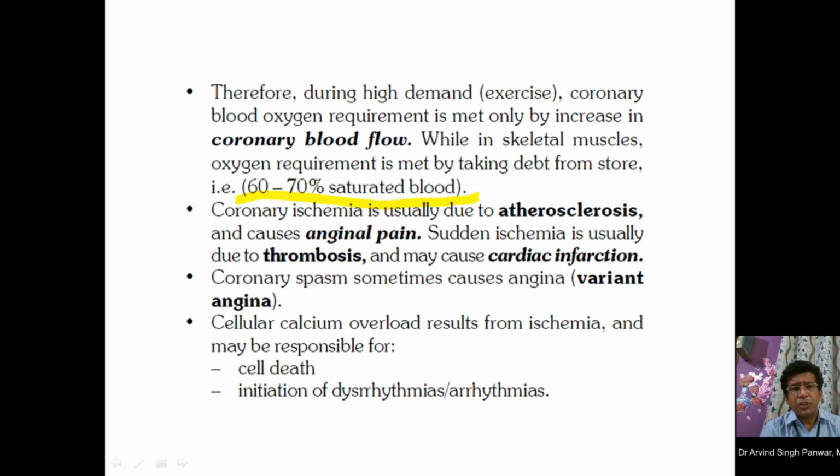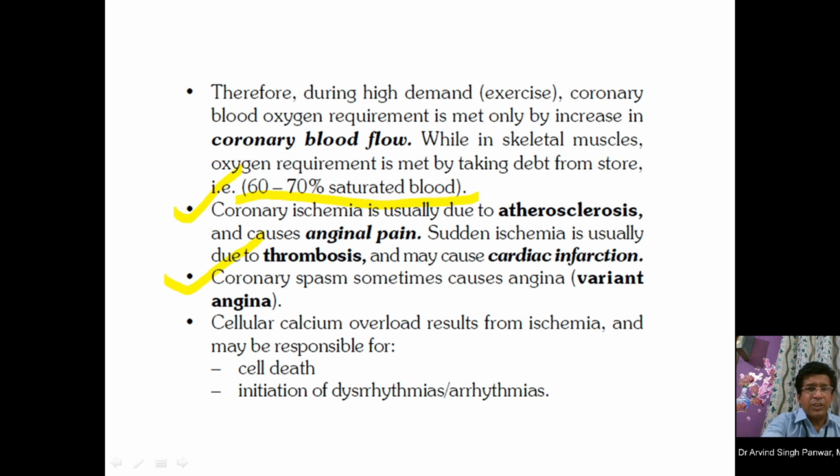Now, coronary ischemia is due to atherosclerosis and causes anginal pain. Sudden ischemia is usually due to thrombosis and may cause cardiac infarction. Coronary spasm sometimes causes angina, which is called variant angina.